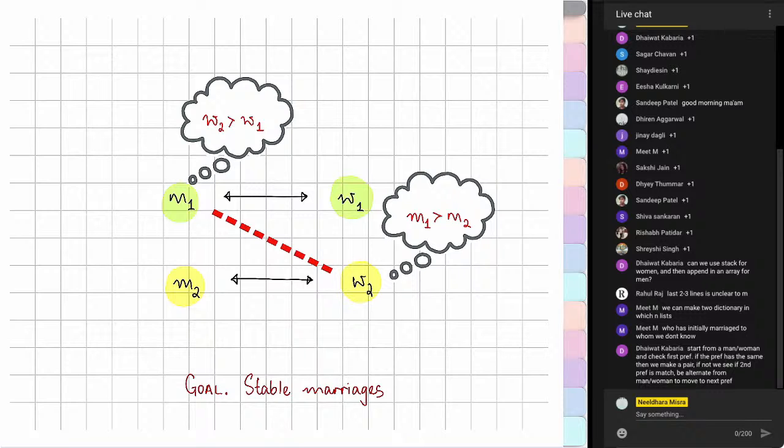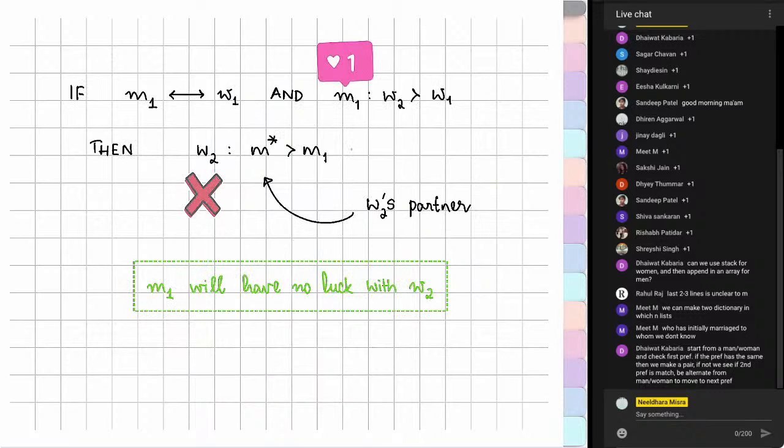So we want to avoid this situation. If you think of the way this is stated in the Codechef problem statement, what they're saying is that if M1 is matched to W1 and there is someone that M1 likes more than his current partner, then that person does not reciprocate this love. So W2 prefers her current partner over M1.